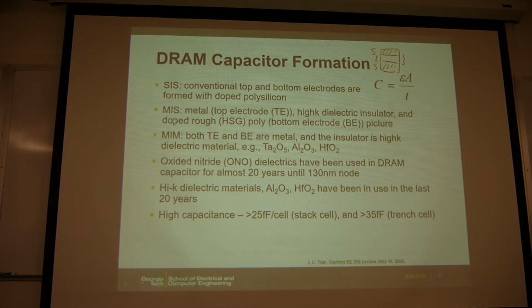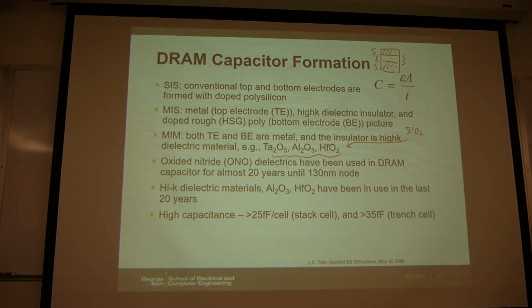And if you change two electrodes to be metal, it becomes MIM structure. And for the insulator, from the silicon dioxide, you prefer to use those materials here because of higher K value. Those are the high K material.